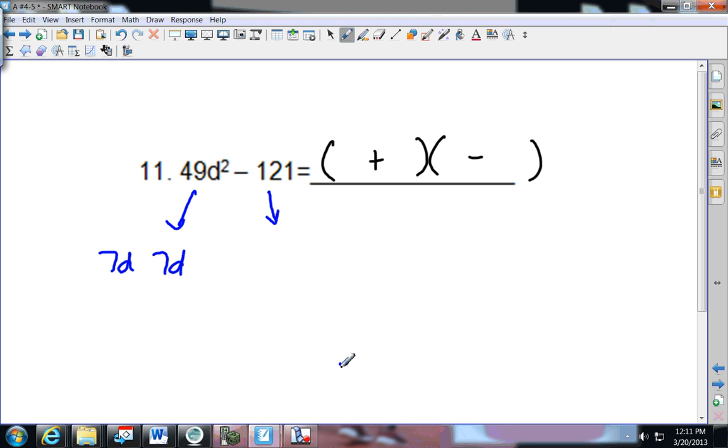That's 11. So that means it's 11 times 11. So I have 7d plus 11 and 7d minus 11.